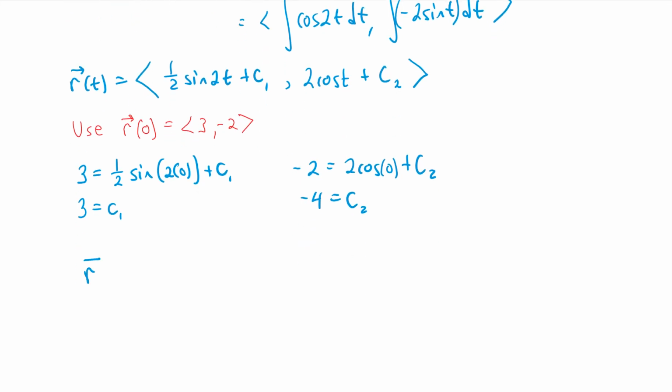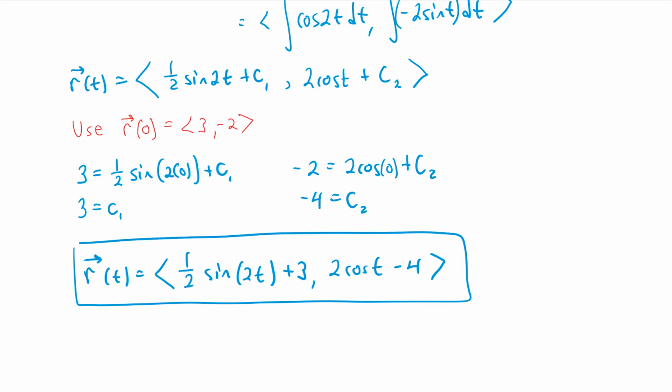So it turns out that the vector valued function that we wanted is 1/2 sine of 2t plus 3, comma, 2 cosine t minus 4. So that's the particular vector valued function that has that derivative and contains that initial condition of 3 comma -2.